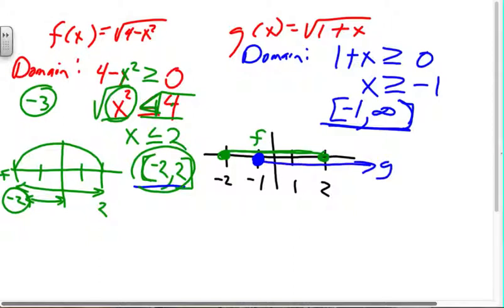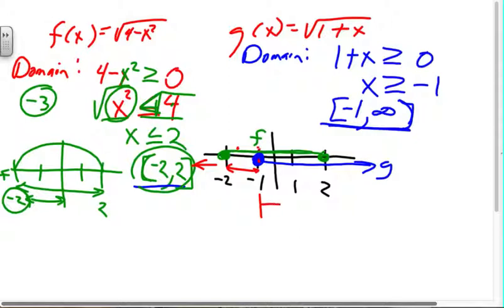And that is G. So now we need to look at what they actually have in common. Points which are in both of them. Well, obviously anything out here is in neither one of them. Anything in between here is only in F, but not in G, so it's excluded. So this is the first point, at negative 1, where we have points in both of them.